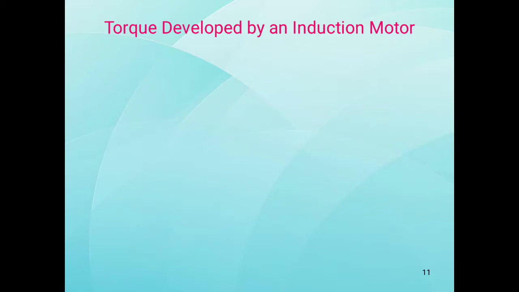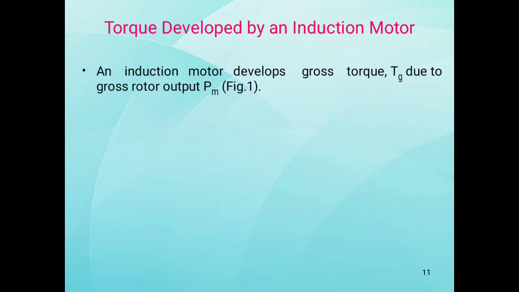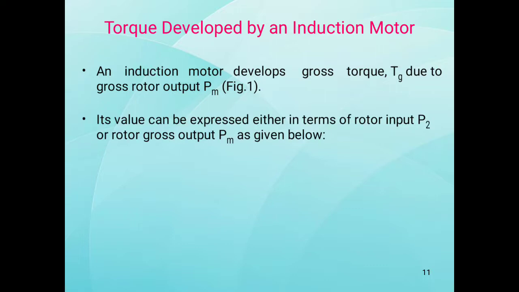The torque developed by an induction motor. An induction motor develops gross torque Tg due to gross rotor output Pm. Its value can be expressed either in terms of rotor input P2 or rotor gross output Pm as given below.